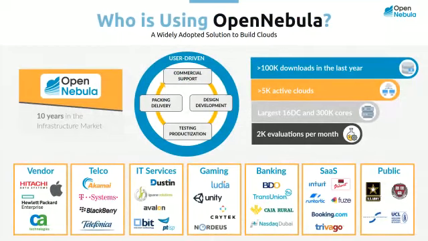Who's using OpenNebula? There are a number of companies from different sectors. We don't have any specific solution for a specific sector, so we work all around, for many different companies: telcos, IT, the gaming industry, banking or public sector. There are, as I said, some pretty large deployments.